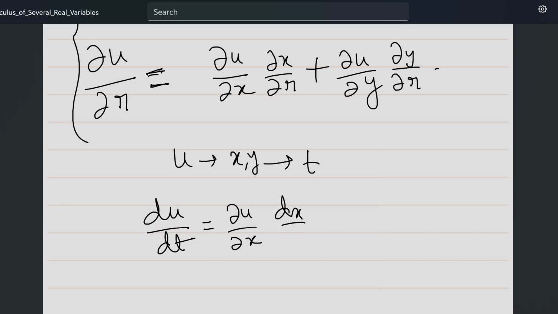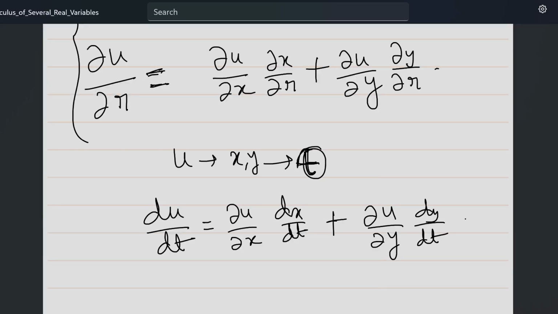Why dx dt? Because t is the only variable here. x and y are functions of t only. So del x del t is the same as dx dt, but you have to write dx dt, not partial del. Plus del u del y into dy dt. That's it.